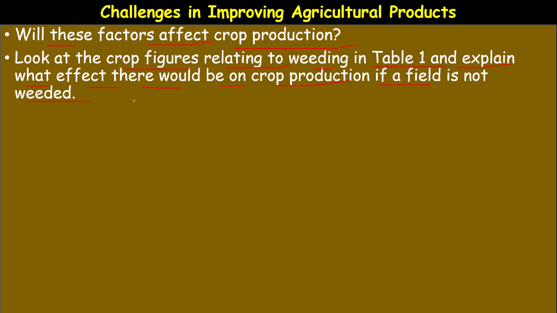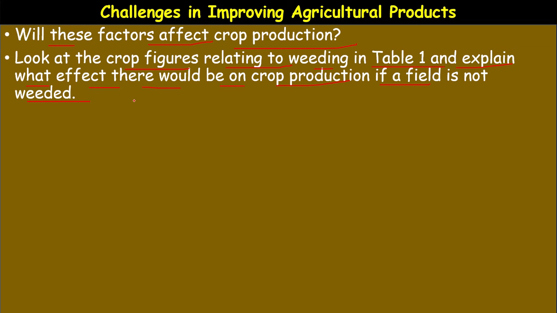Okay. So, you know very well there are many pests and weeds. Weeds' main function is they compete with the crop plants for space, sunlight and nutrients. So, it is necessary to remove the weeds from the crop field.